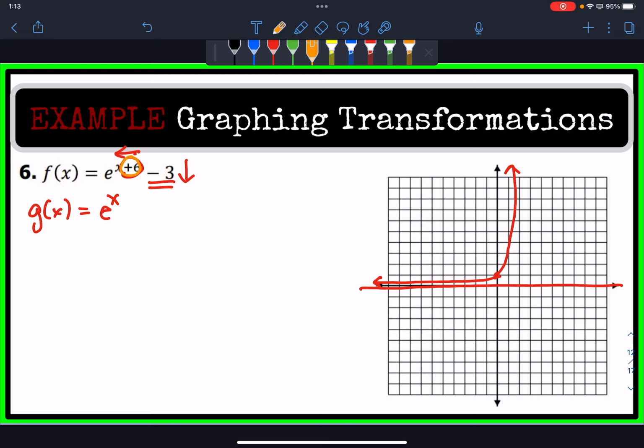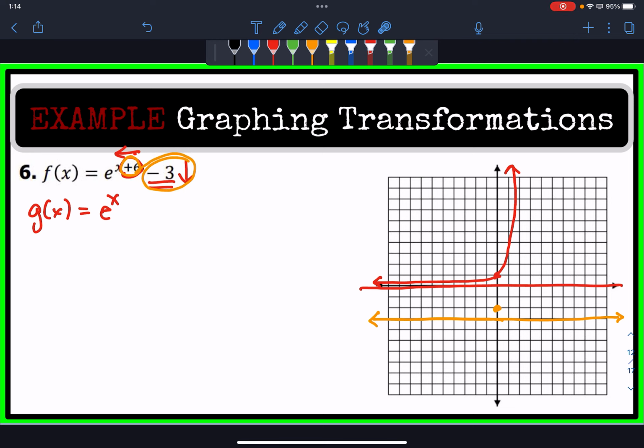But it is going to be affected by shifting it down 3 units. So our horizontal asymptote is going to now be at y = -3. However, our exponential graph is not going to go through this point there. Because if I move it to only that point, that's only the shift of 3 units down. That's only this part right here. Let me do it in blue. That's only that part right there. Okay, moving it down 3 units.